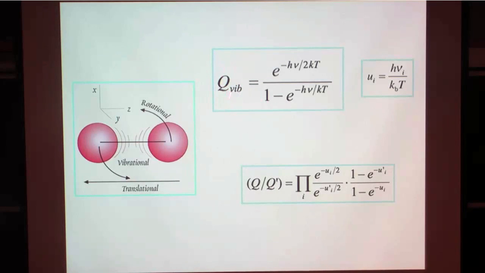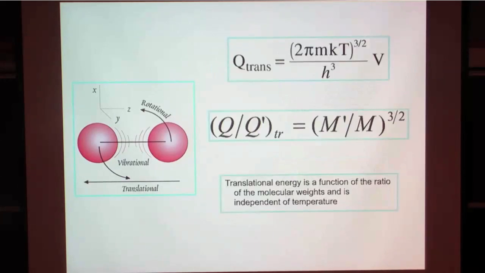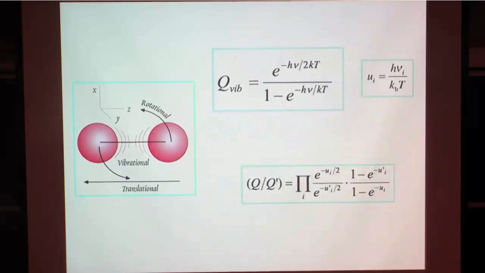The partition function for the vibrational part is a function of the vibrational frequency and of temperature. Very importantly, in this equation and in this equation, the temperature cancels for the two isotopes. But in this equation, it does not. So vibrational frequency is very much a function of temperature, and therefore the vibrational partition function is very much a function of temperature.